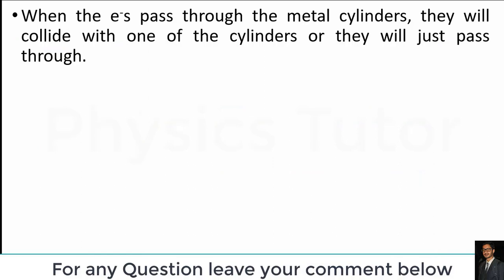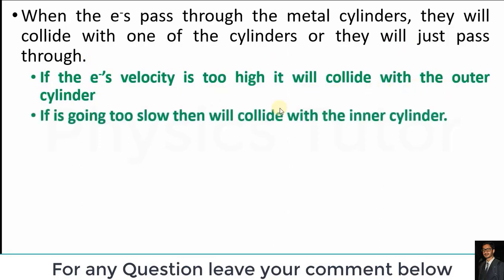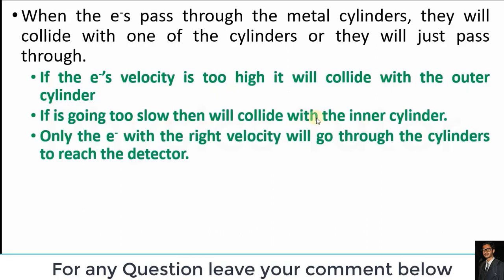If we see the working of CMA, when the electrons pass through the metal cylinders, they will collide with one of the cylinders or they will just pass through. If the electron velocity is too high, it will collide with the outer cylinder. Further, if it is going too slow, then it will collide with the inner cylinder. So collision is possible both ways, if the velocity is high or if the velocity is very slow.